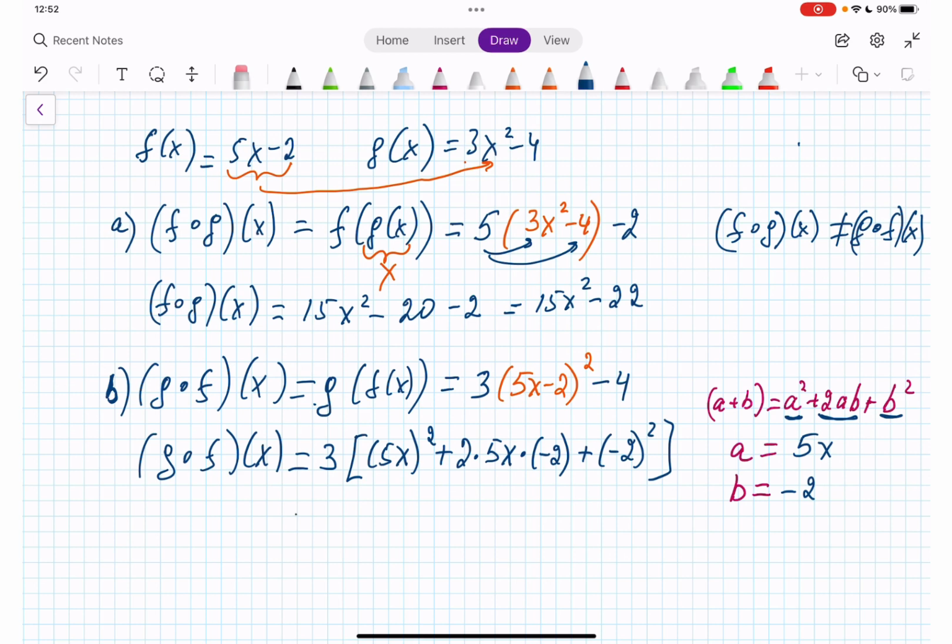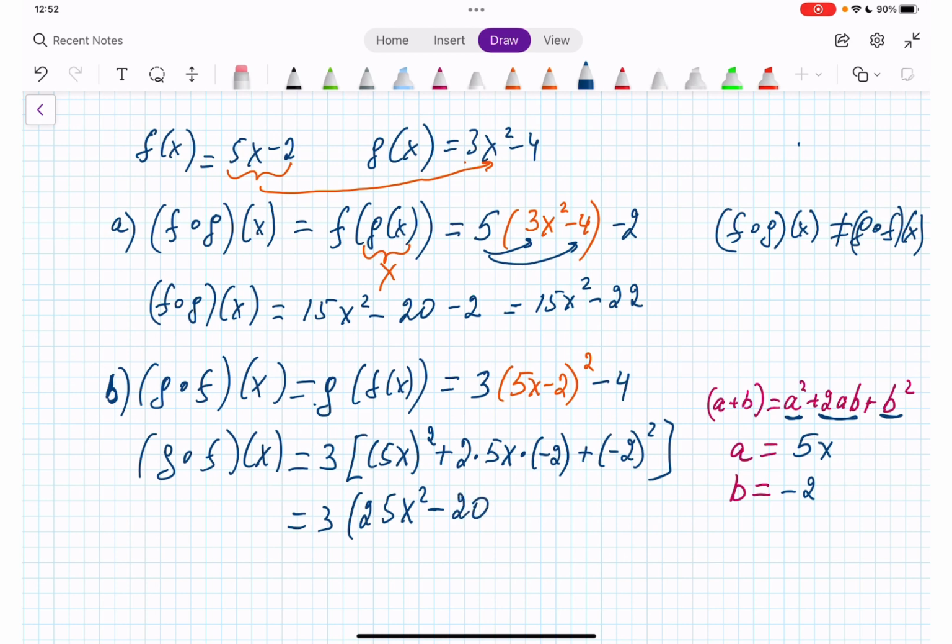Okay, so this is equal to 3 times (5x)². 5 squared is 25, x squared is x squared, minus 2 times 5 is 10, 10 times 2 is 20.